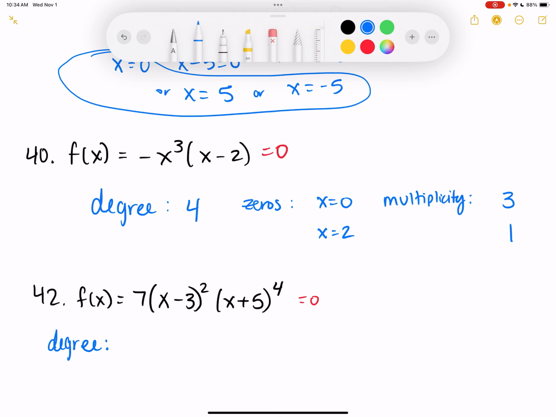So again, the first thing I'm looking for is the degree of the function. Any idea what the degree of this function is? 6. How'd you get that? So we have one thing that has an x term that's squared, and then we have another that's to the 4th, and we are multiplying those, so then we have x to the 6th.